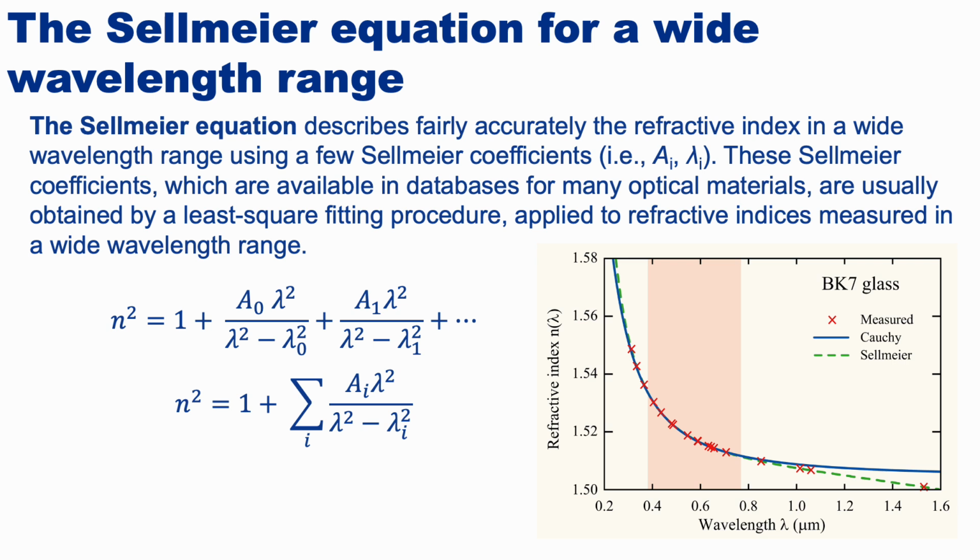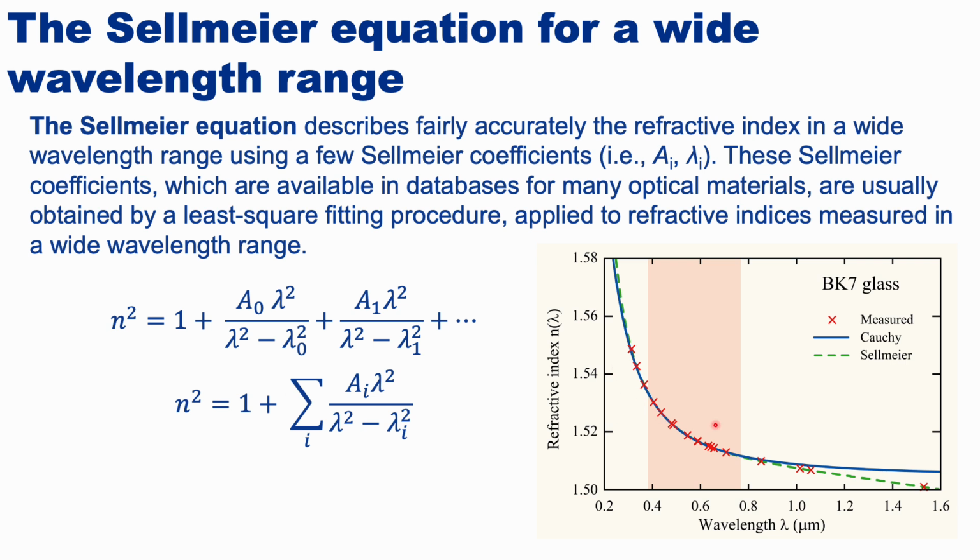The Sellmeier equation is a little more complex. We have 1 plus fractions of a constant A, and then we also define a resonant wavelength squared, and we can have as many resonant wavelengths as absorption bands the medium presents.